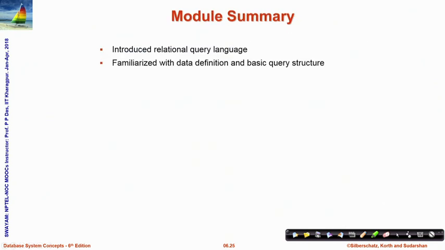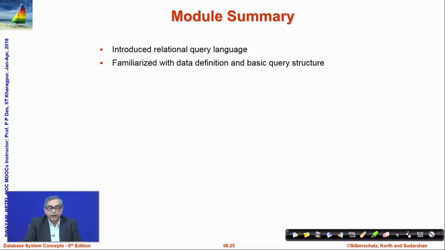To summarize, we have introduced the relational query language and particularly familiarized ourselves with the data definition, that is creation of the table, creation of the schema with the attribute names, domain types and constraints, and the updates to the table in terms of insertion and deletion of values or addition or deletion of attributes or removing a table altogether.